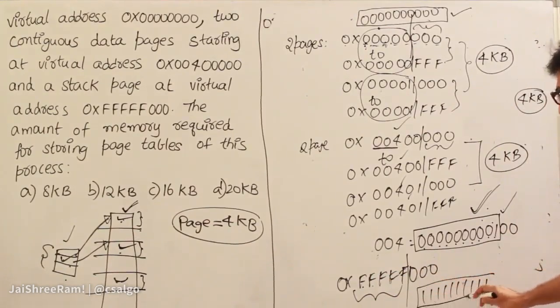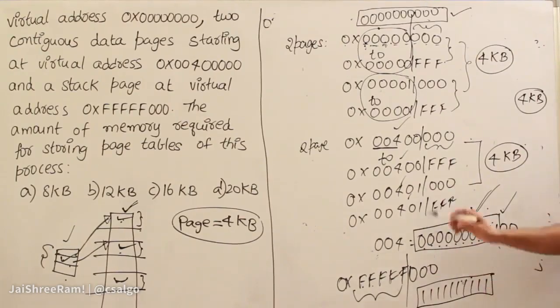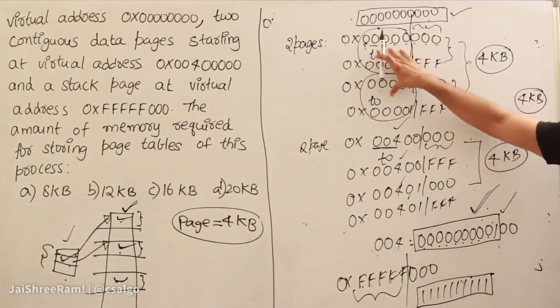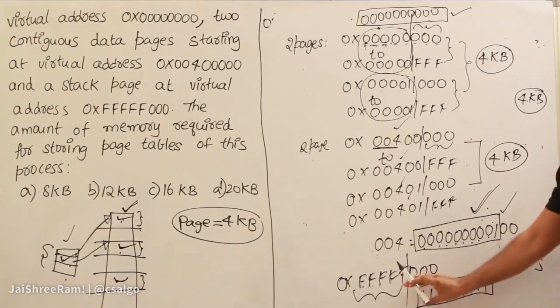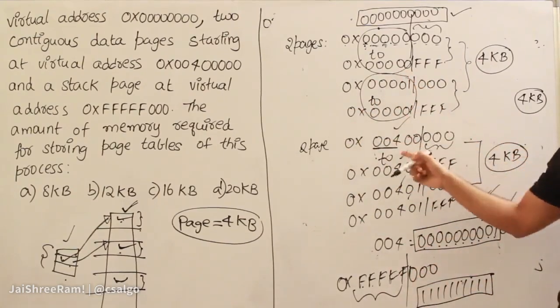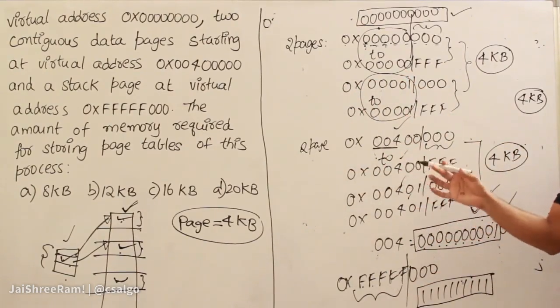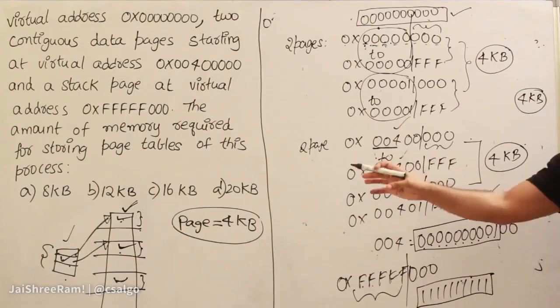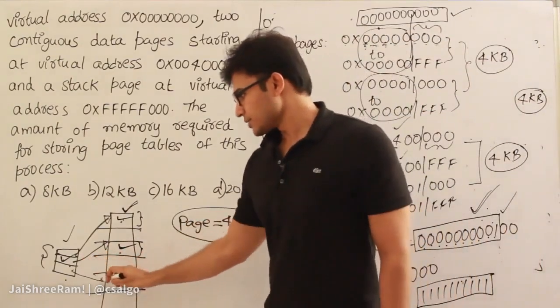So this is going to be used as the index into the outermost page table, which will refer to a completely different entry, right? Therefore these two pages are referring to one entry and these two pages are referring to one entry, and this page is referring to a completely different entry in the outermost page table. Therefore these three entries are going to refer to three different entries in the outermost page table which are leading to requirement of 3 pages, isn't it?